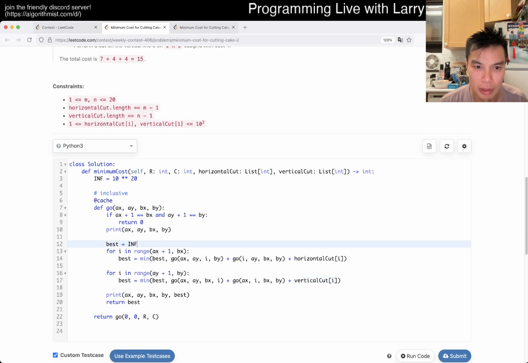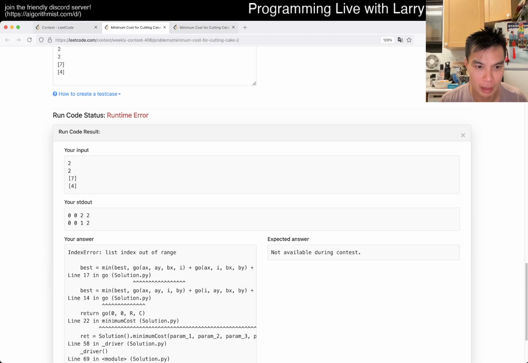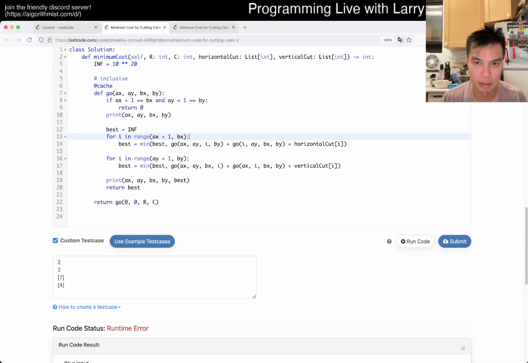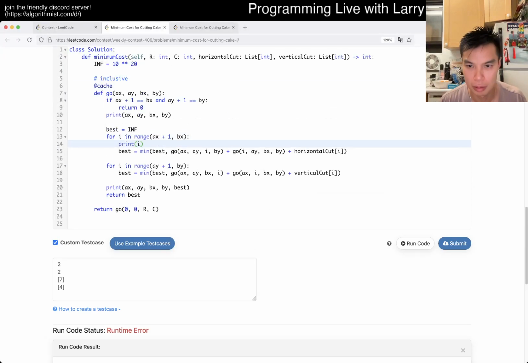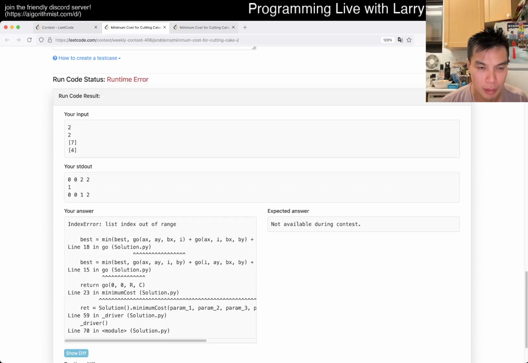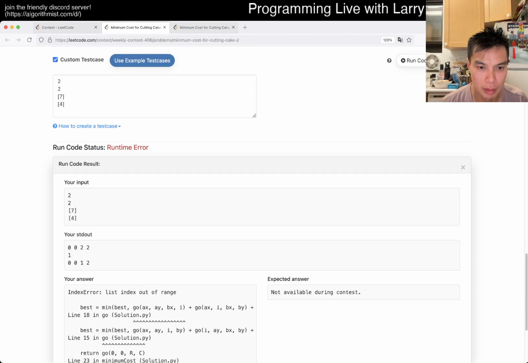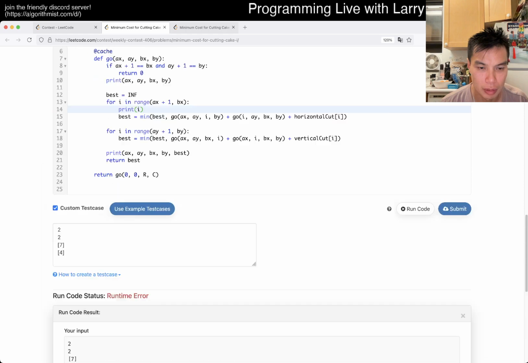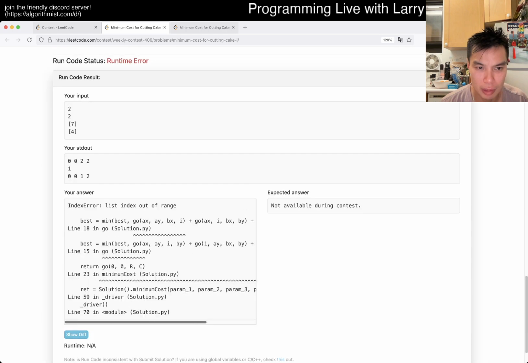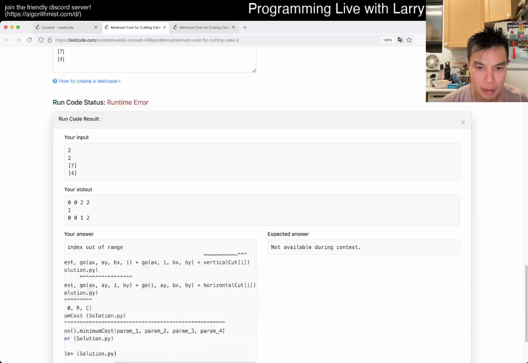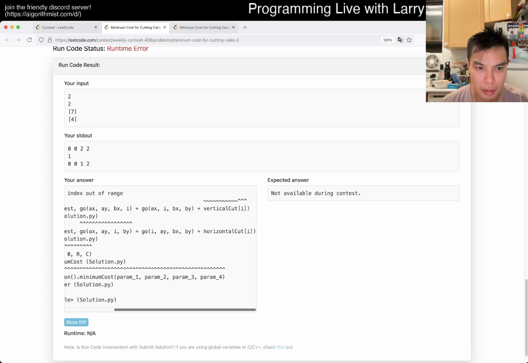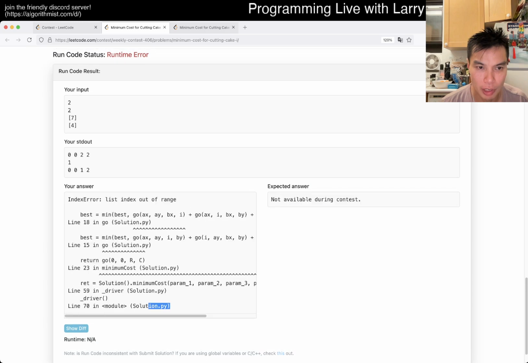0, 2. What is i? One. So it goes, this index goes out. So vertical cut is wrong.